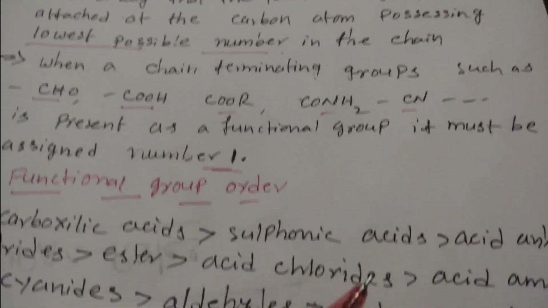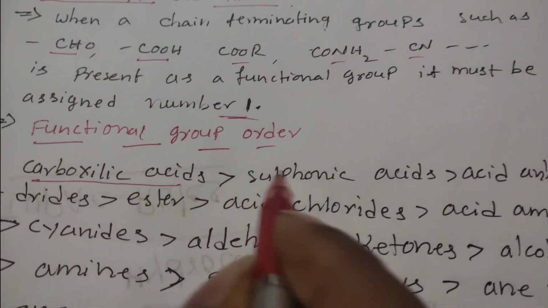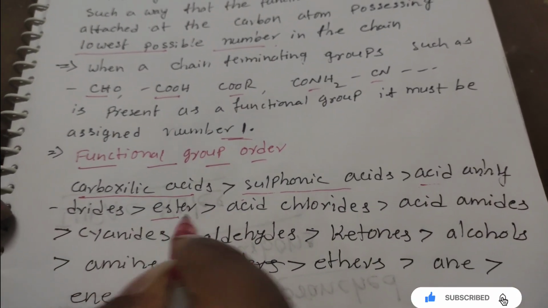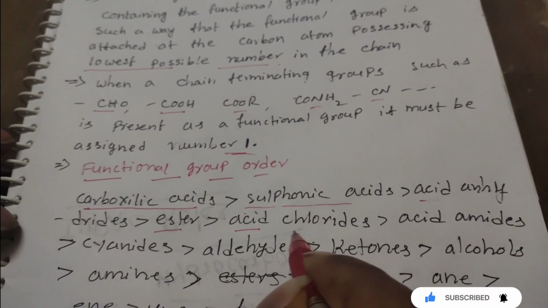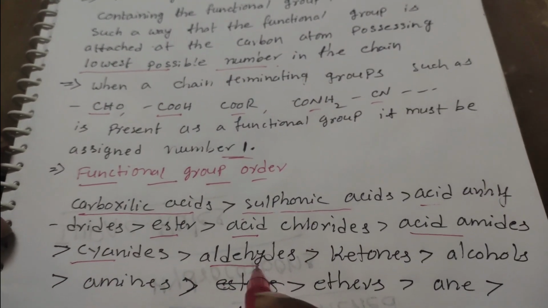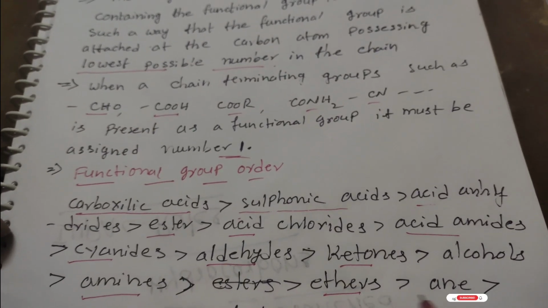So look here at the priority order. First is carboxylic acid, then sulfonic acids, acid anhydrides, esters, acid chlorides, acid amides and cyanides, aldehydes and ketones, alcohols, amines, ethers, then ane.